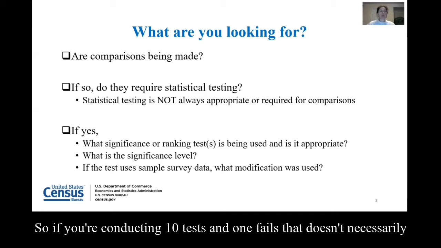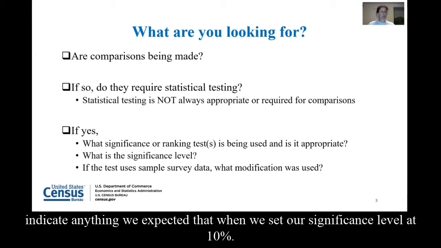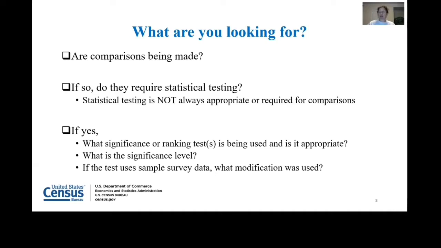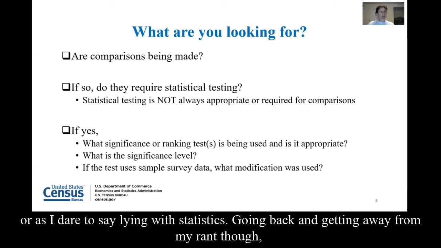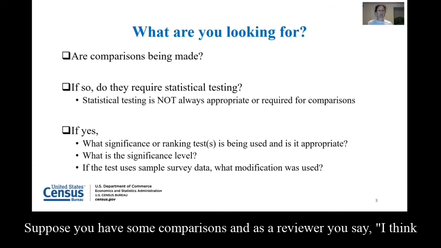So if you're conducting 10 tests and 1 fails, that doesn't necessarily indicate anything. We expected that when we set our significance level at 10%. So we have to be very, very careful that we're not torturing the data, or as I dare to say, lying with statistics.